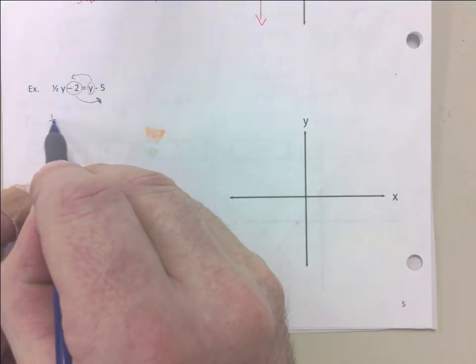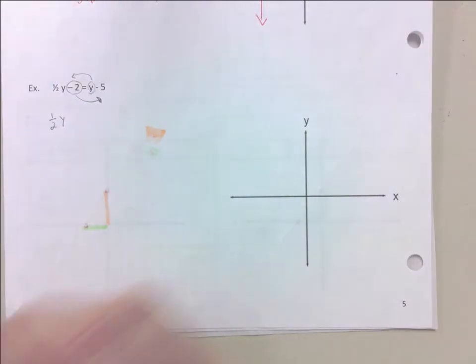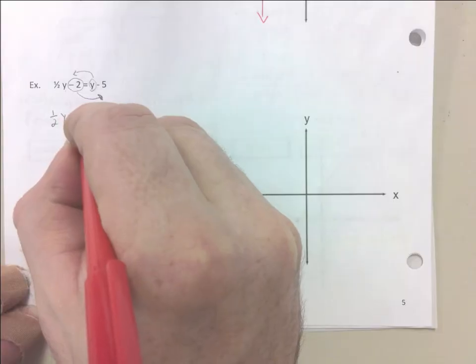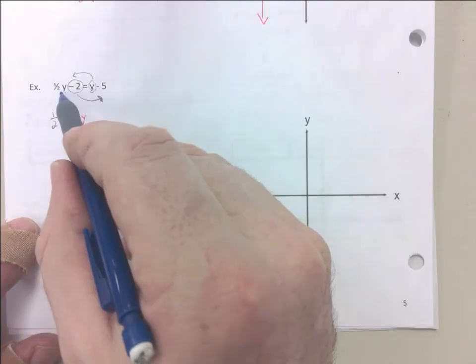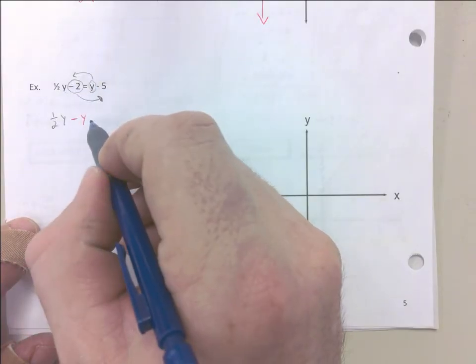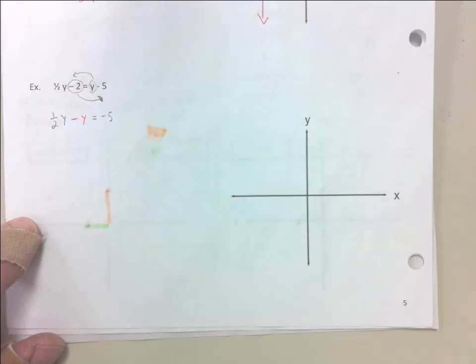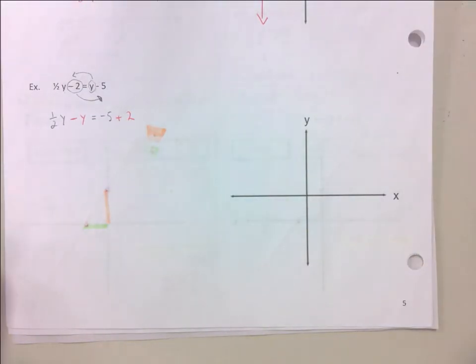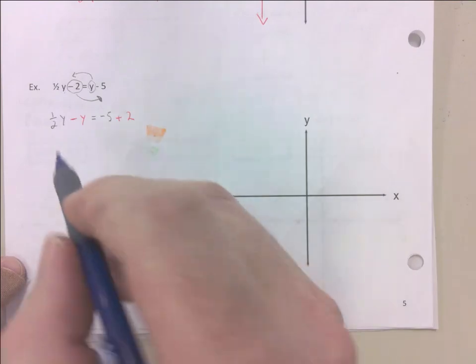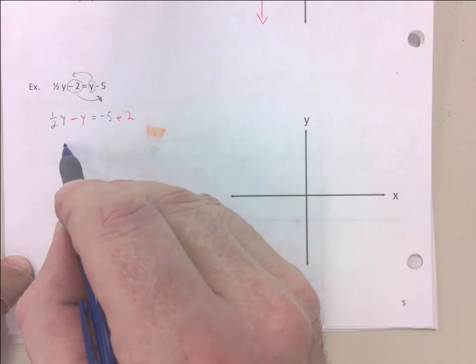So it's half y minus y, half y is over here, minus y, and on the other side we've got negative 5 plus 2. What's half minus y?